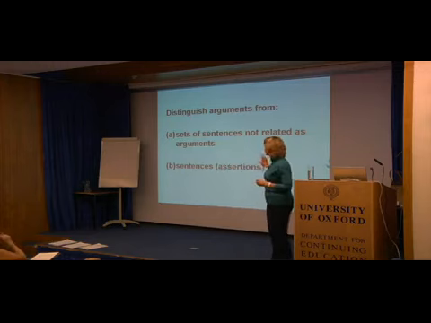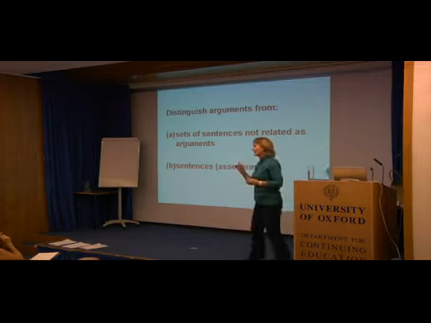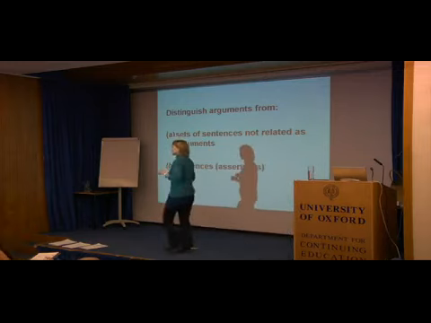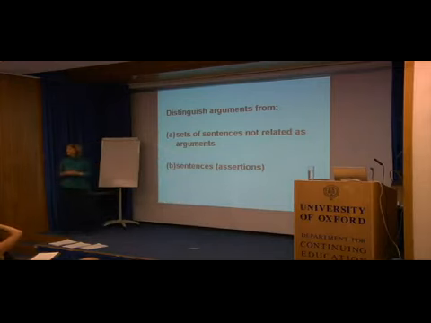So the question here is, how do you distinguish a sentence or assertion from an argument? A sentence you could see as an incomplete argument, I suppose, but that's not what I was thinking of.